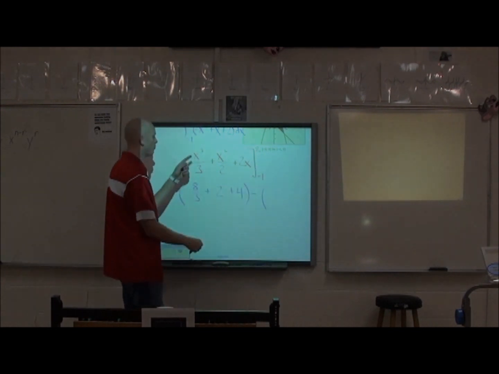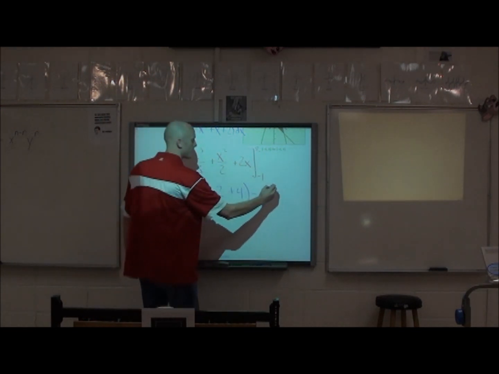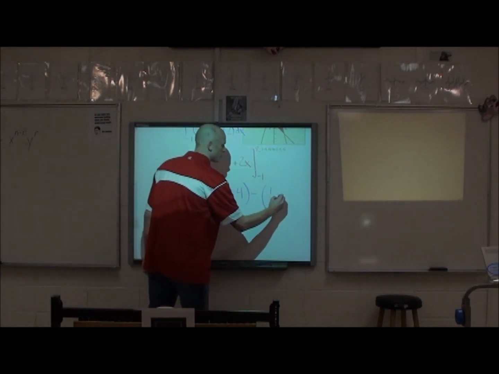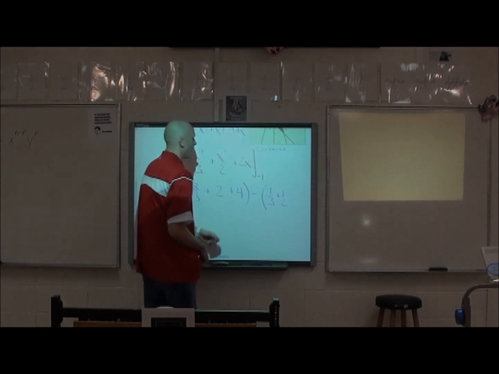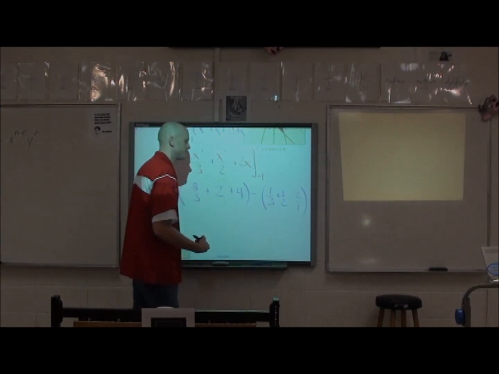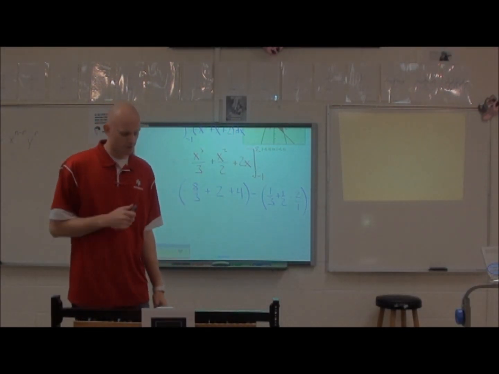Minus -1 cubed is -1 with a negative out front, so that becomes 1/3. -1 squared is 1, so it's plus 1/2. And this is a -2. Now, all we need to do from there is go ahead and simplify.